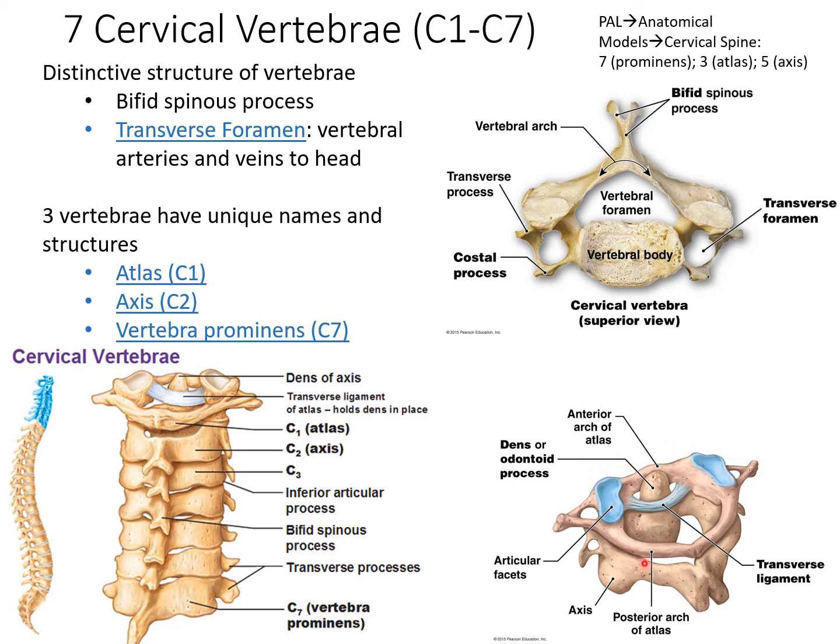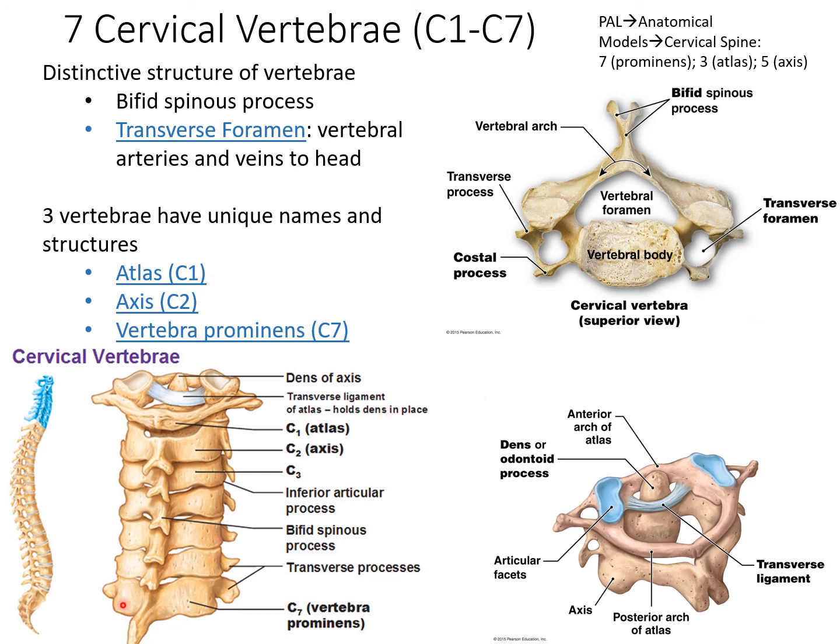Atlas, named after the Greek god holding the world on his shoulders, is C1. So essentially, this vertebra holds our world, our head, on our shoulders. Okay, axis, we can see here, actually forms a pivot point, and atlas can actually rotate around this, and I will show you this in the lab.